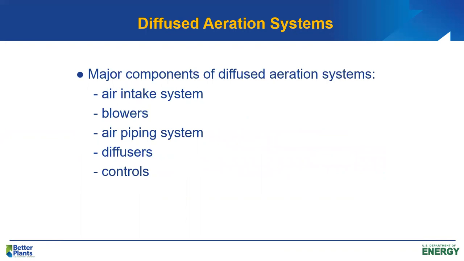So initially, let's talk about diffused aeration systems, and you can see the various parts of it: air intake system, blowers, the air piping system, diffusers, and then the controls that we use to control the aeration system. All of these components are important, but arguably the blowers are the most important part, and we'll focus on the blowers. The blowers are essentially high volume, low pressure air compressors. So that's what we need to realize.